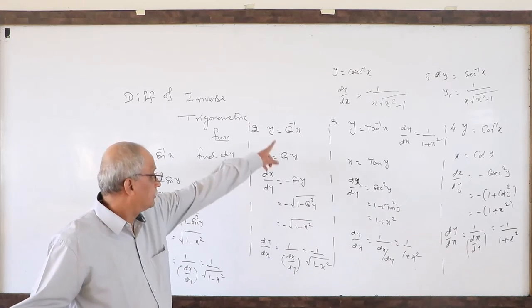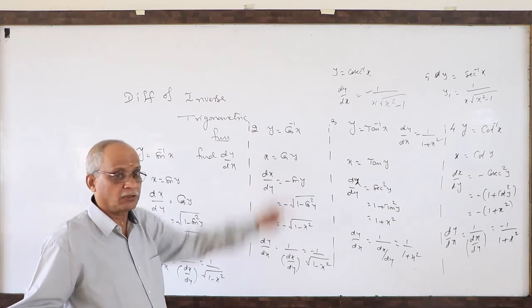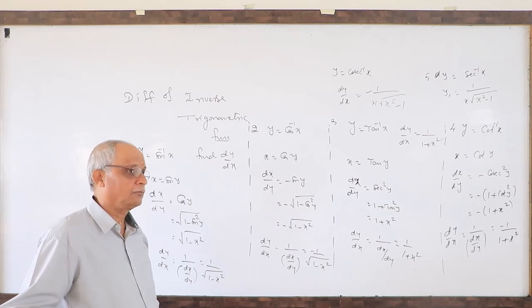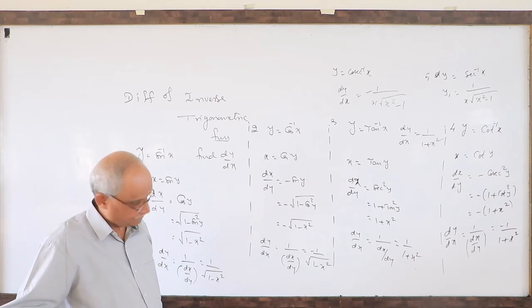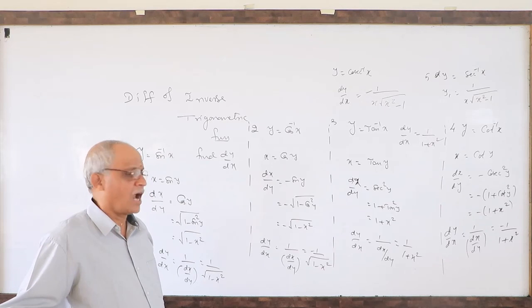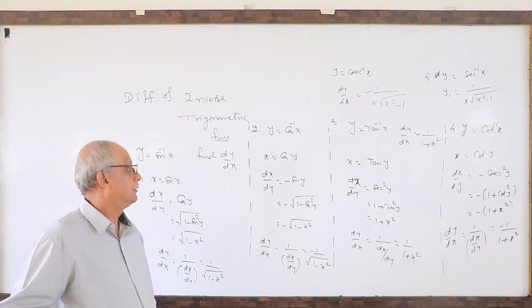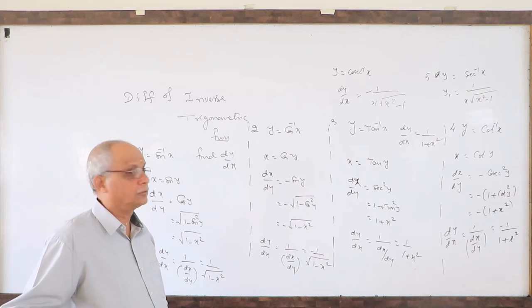Earlier also I told you. See, cos inverse, cot inverse, cosecant inverse are negative. They are called C functions, meaning starting with C. If the function starts with C, the derivative is definitely negative, either the ordinary derivative or the inverse derivative. Cos x derivative has a minus sign, cosecant also minus, like that.